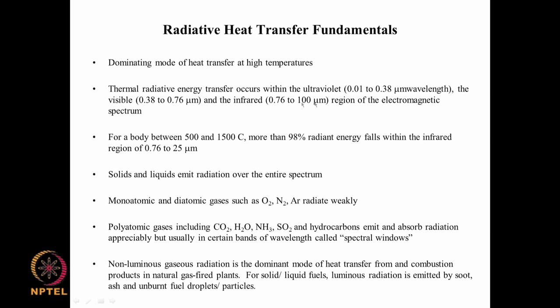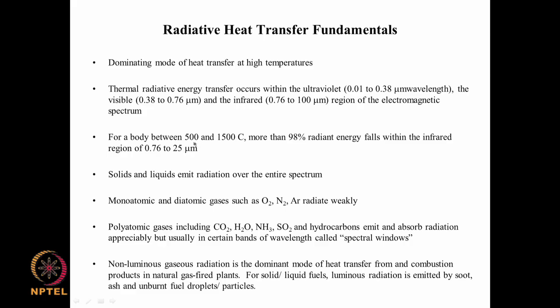So, it is a very wide spectrum for the infrared region, and we are fortunate to have eyes which are sensitive to this very thin band through which most of the sunlight energy is received. Okay. So, anyway, that is beside the point.